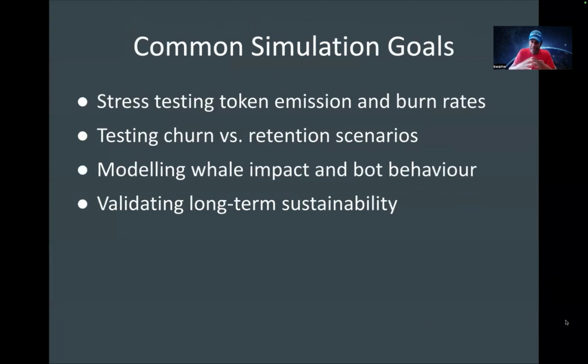So some of our common goals are basically testing the token emission and burn rates, if you have them in your game, as part and parcel of designing your in-game Web3 economy. Having burning really helps balance things out.